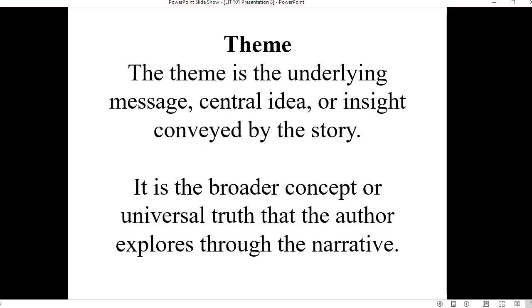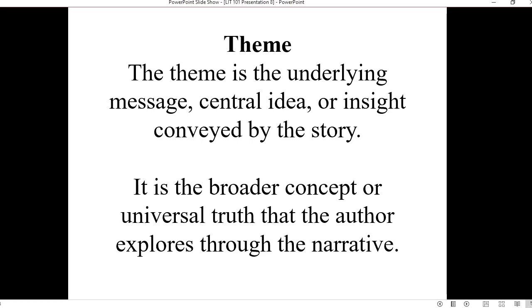We have theme. Theme is the underlying message, central idea, or insight conveyed by the story. What is the major issue in the story? What are the things the readers are expected to go home with after they have read a story?